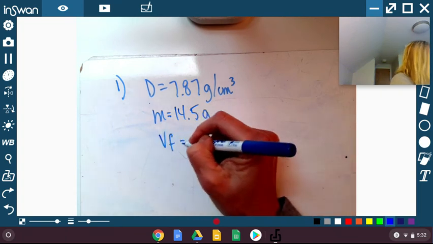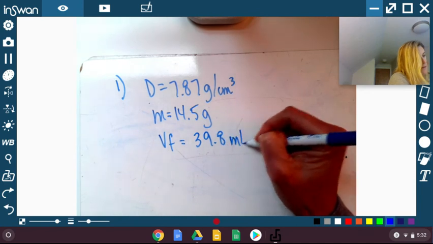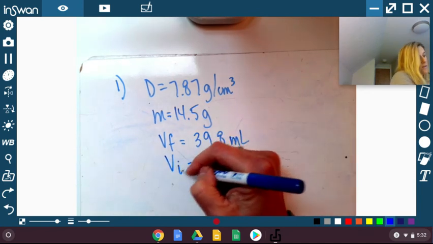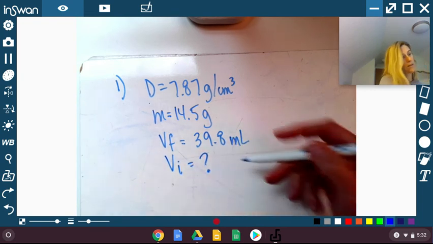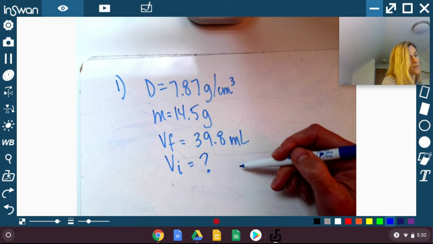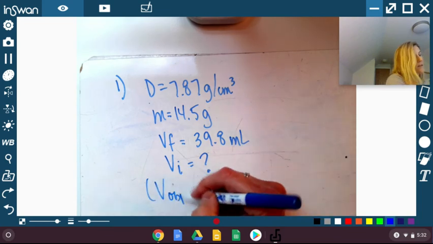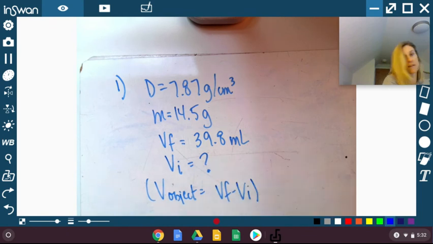So VF is 39.8 mils. What you're trying to find is a starting volume, which is initial. That's what I stands for. Now remember, the volume of the object is the difference between these two. So VF minus VI, the volume of the object, again, is VF minus VI.